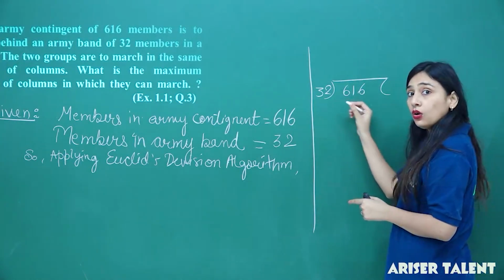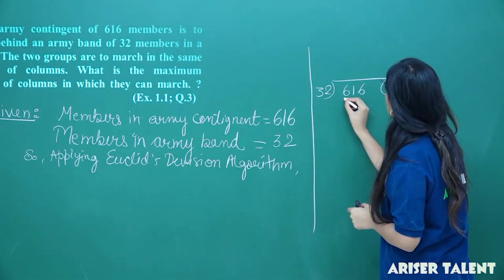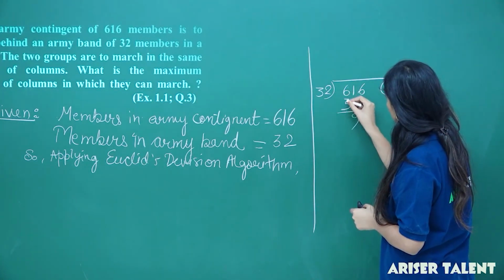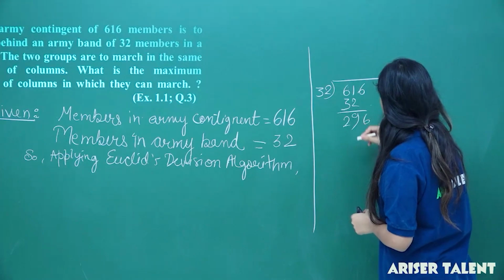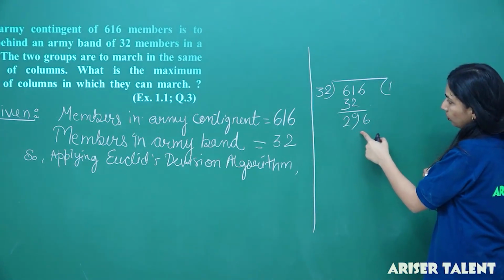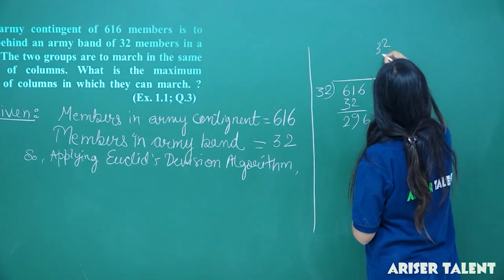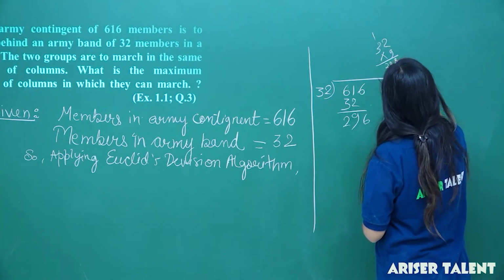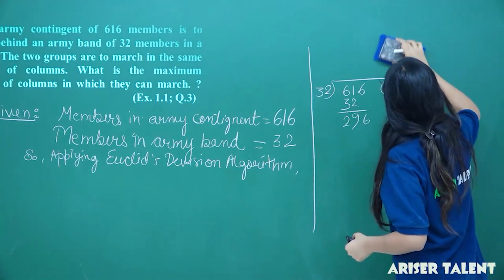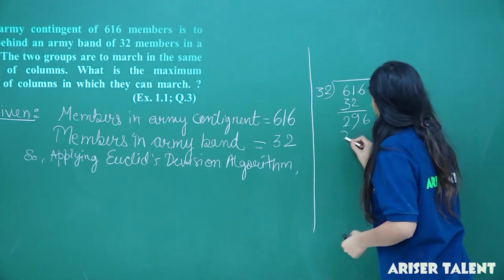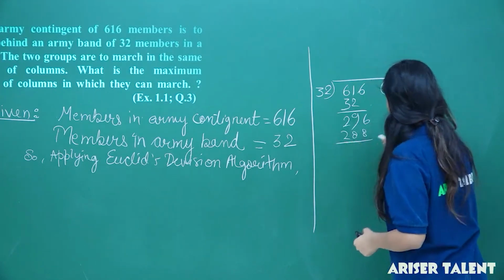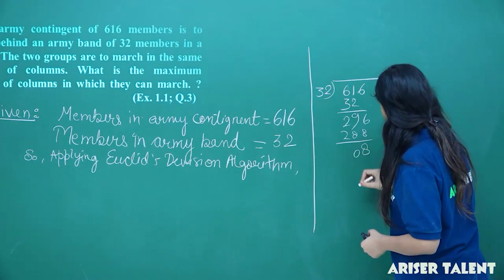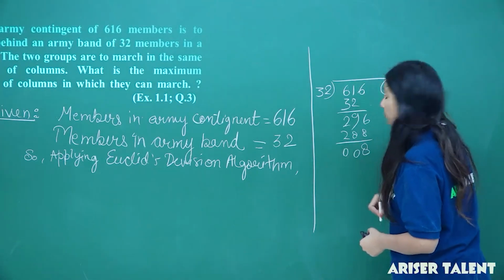Okay, now the process starts. One time 32, remainder 9, then here 2, okay, 6. Now 32 to 96, I guess 9 times. So let me calculate. 288. Yes. 8, 0, and again 0, right?